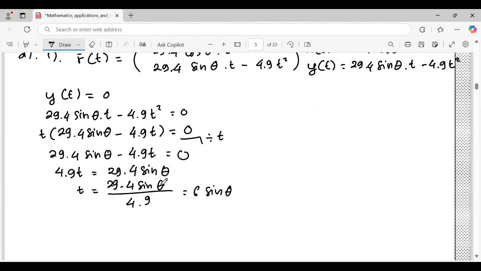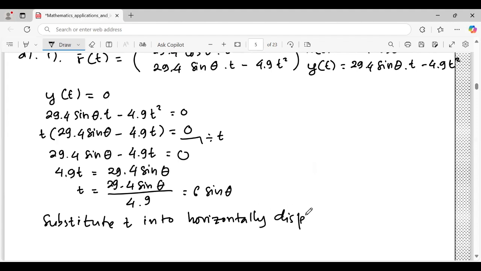The next step is to substitute t into the equation for the horizontal displacement.